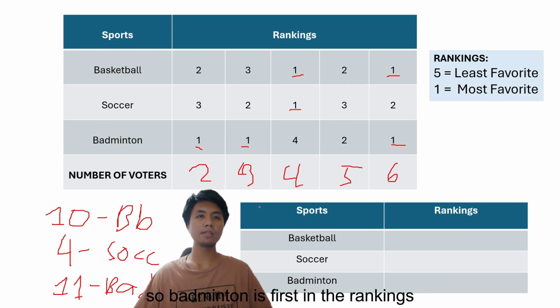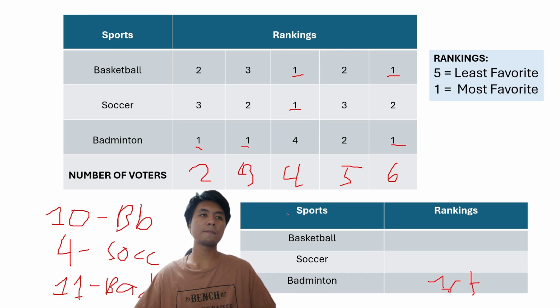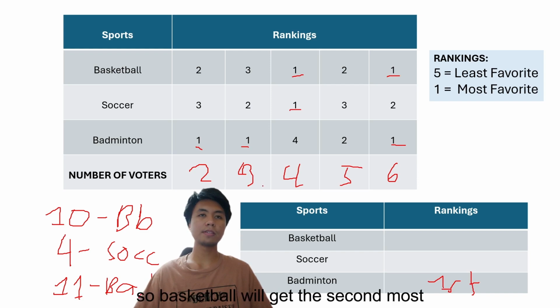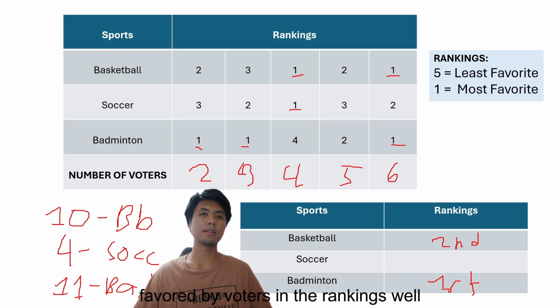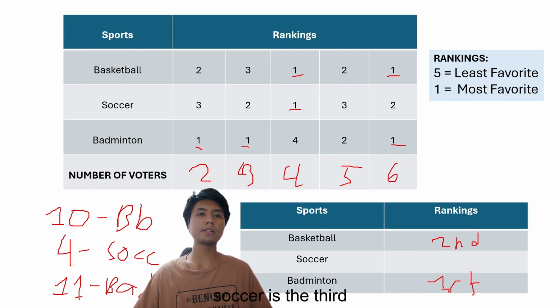So badminton is first in rankings of the most favored sports. Next is number 10, which is basketball. So basketball will get the second most favored by voters in rankings, while soccer is the third.